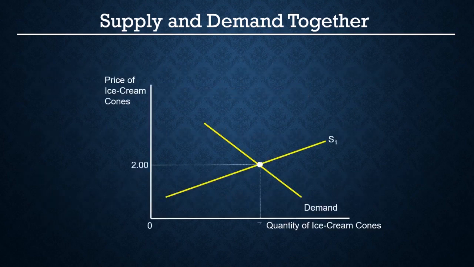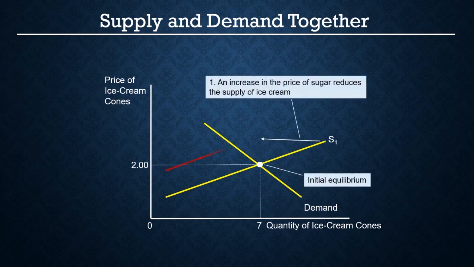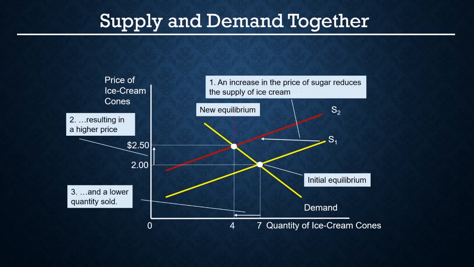We can see here how a decrease in supply affects the equilibrium. An event that reduces the quantity supplied at any given price shifts the supply curve to the left. The equilibrium price rises and the equilibrium quantity falls. Here's an increase in the price of, let's say, sugar, an input.